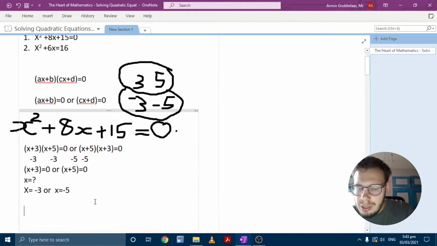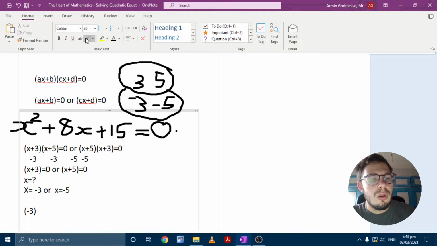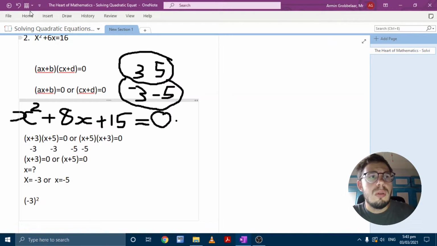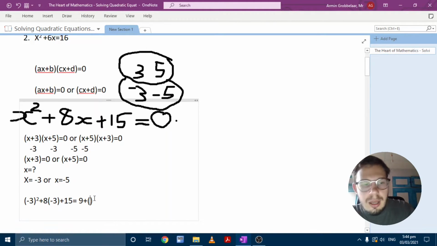So now to check my answer, I'm going to start with the minus 3. (minus 3) to the power of 2, plus 8 times minus 3, plus 15 is equal to, now minus 3 to the power of 2 is just 9. 8 times minus 3 is minus 24, and I add 15.